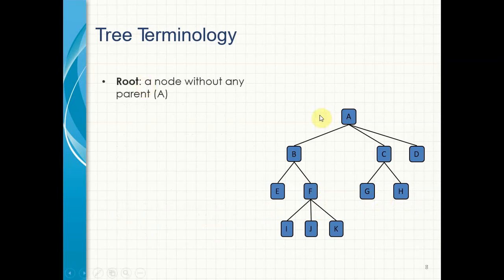So the root, as mentioned, A in this case, is the root. It is a node without any parent. And internal nodes are nodes with at least one child, just like A, B, C, F. They have at least one child.